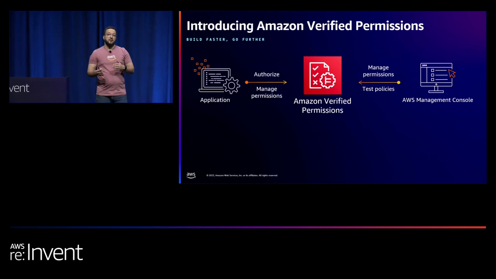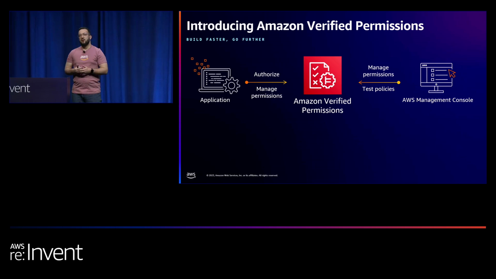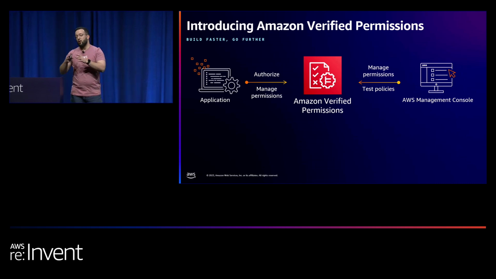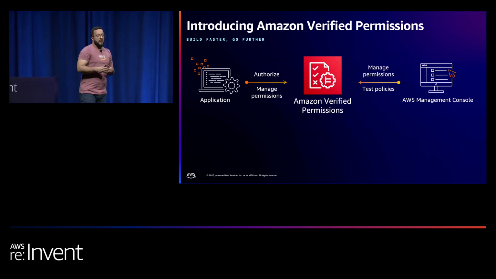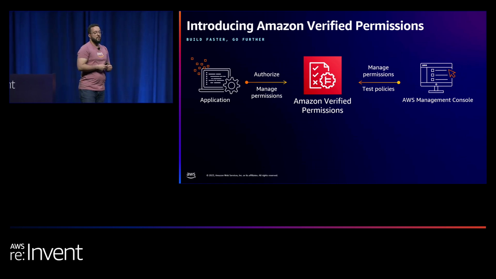So it works as a kind of policy store where you define all the permissions in the form of policies. You do the administration either through the management console, API, or infrastructure as code. And then you can test it through the AWS management console as well.